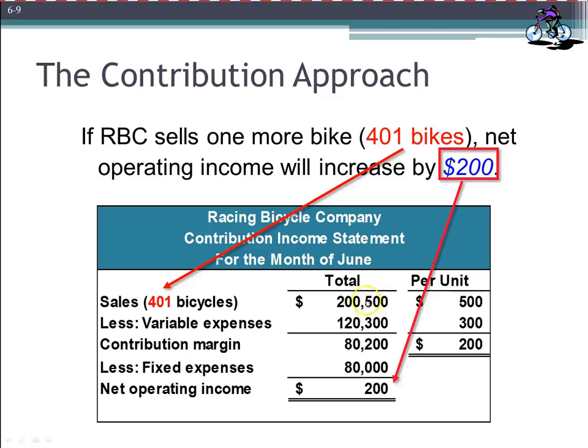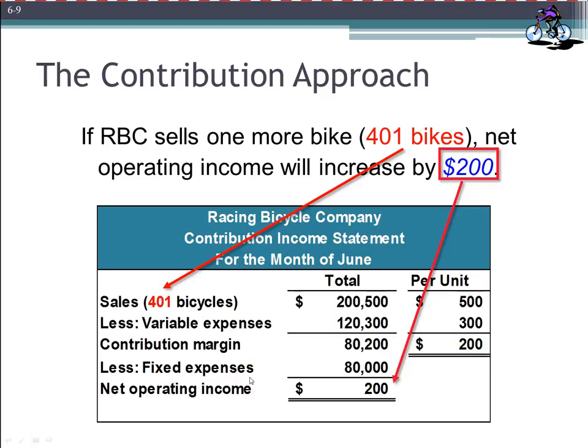Our sales revenue goes up by $500, our variable expenses go up by $300, and our contribution margin, and more importantly, our profit increases by that contribution margin per unit, that same amount. And every additional bicycle we sell, assuming everything else stays constant, if we just sell an additional unit, it will go up our profit by $200, by whatever the contribution margin is that we're working with.